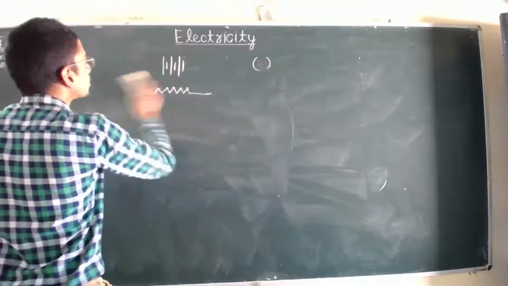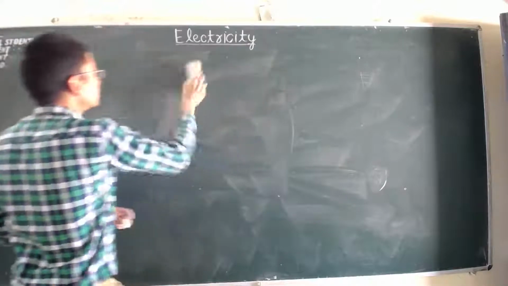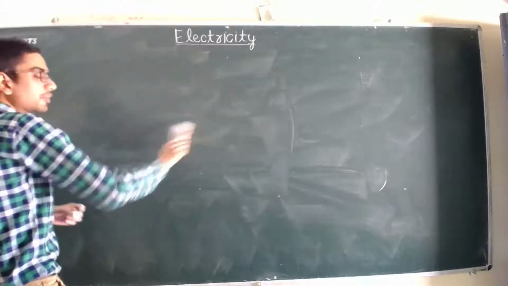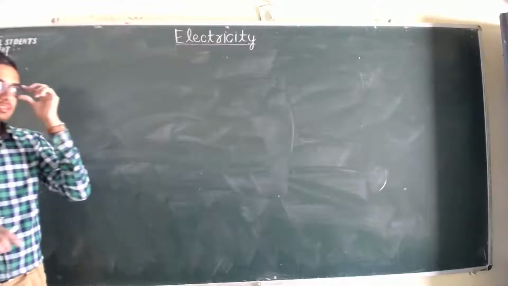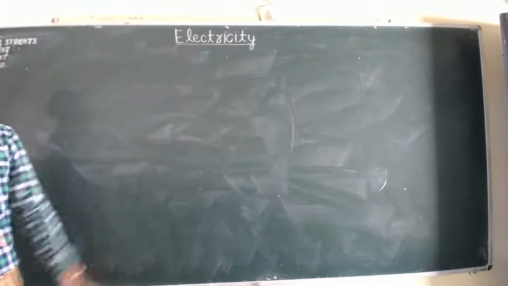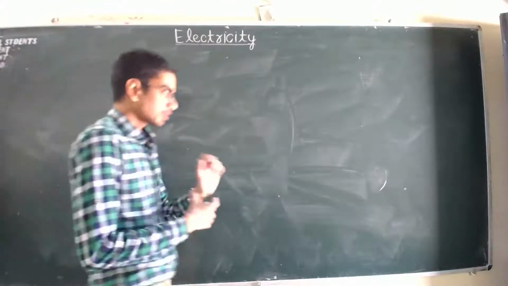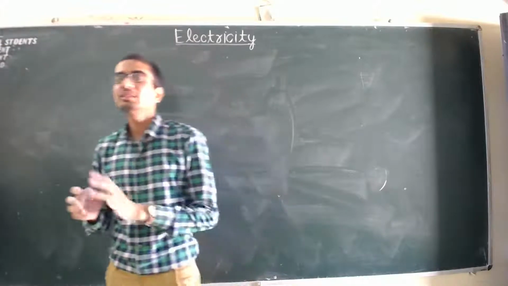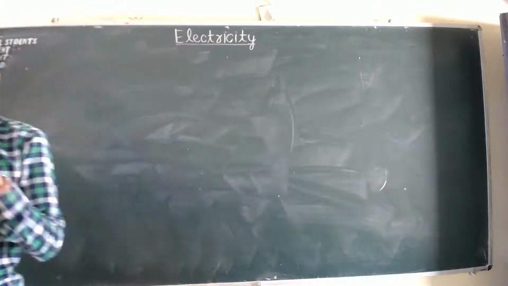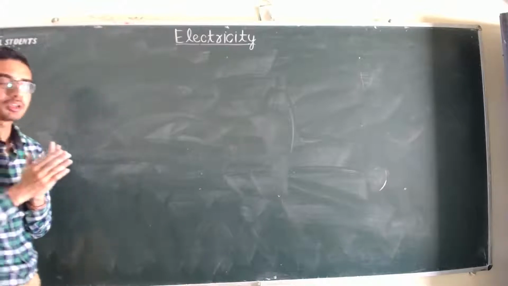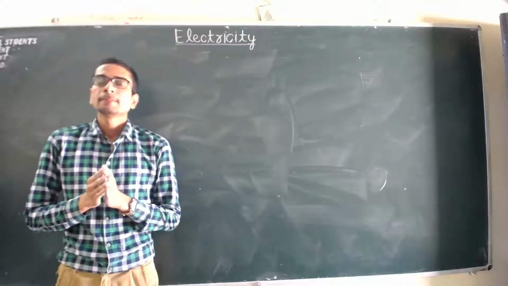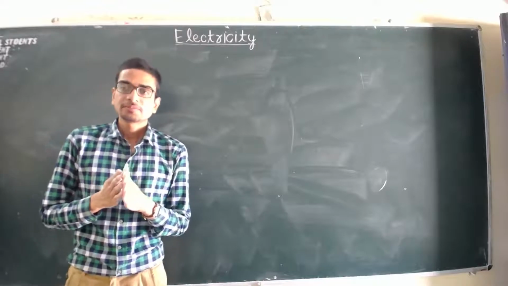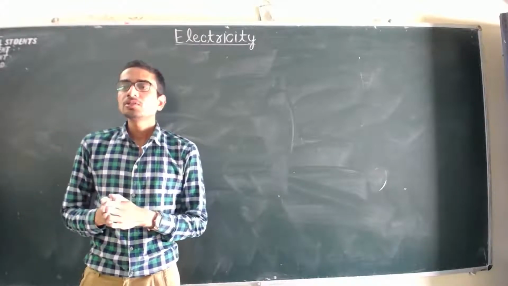Now the actual chapter starts because there are various important laws and theories in this chapter. Electricity. देखिए, there is a law, there is a basic rule by which current flows. वो rule क्या है? देखिए current कैसे flow करता है? Current flows by potential difference. So there is a law which is known as Ohm's law.